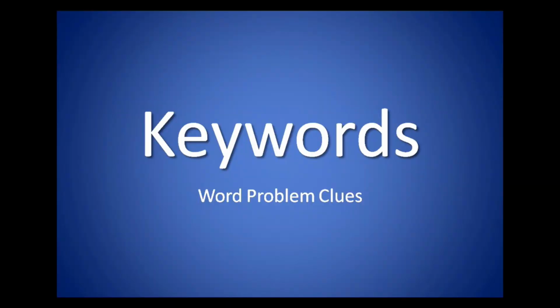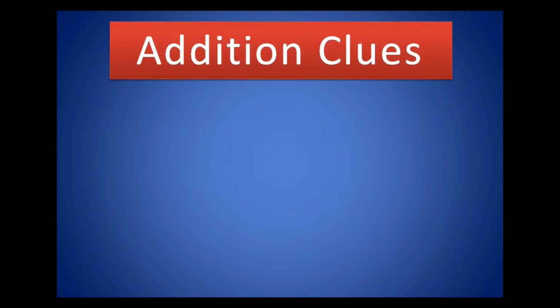In this video, we're going to look at keywords, word problem clues. Addition clues. That's the first one we're going to take a look at, but I want you to notice I'm referring to them as clues versus keywords, because to me, they're more clues than keywords.